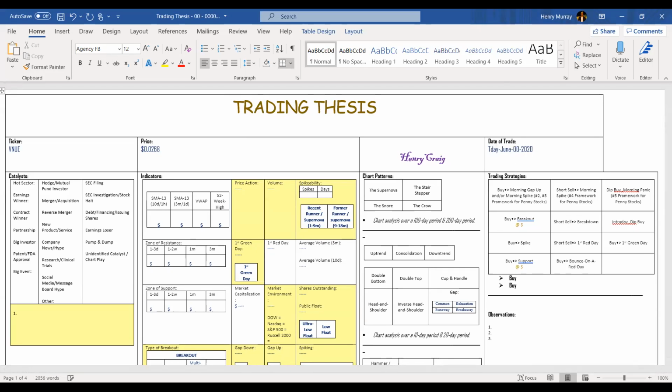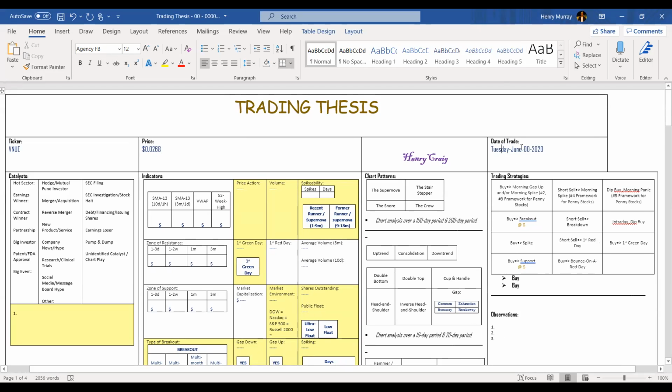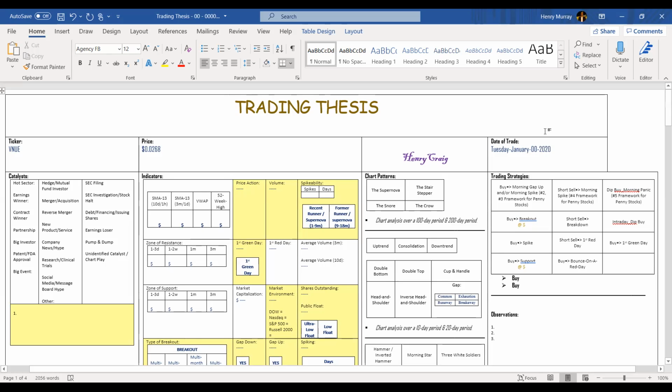So I want to trade this stock on January 22, 2021. All right, so this trading plan is being created the day before I want to execute my trade. So this is the night of January 21st, and I'm making this trading plan to trade in the morning of January 22nd.